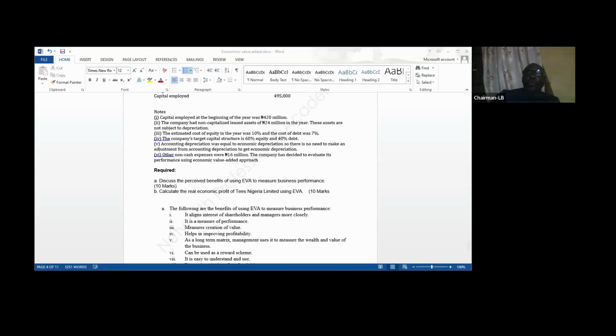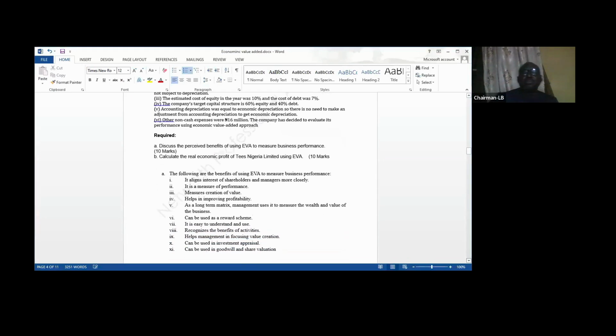It is easy to understand and to use. Unlike accounting profits, accounting profit is subject to distortion. You can just be making provision. That's why it's easier to commit window dressing.